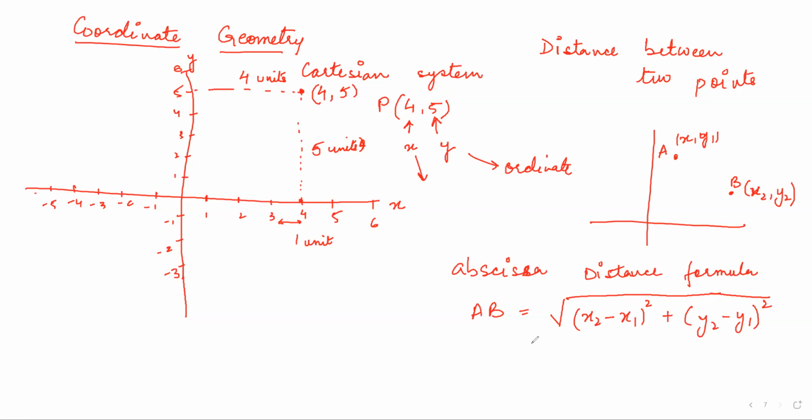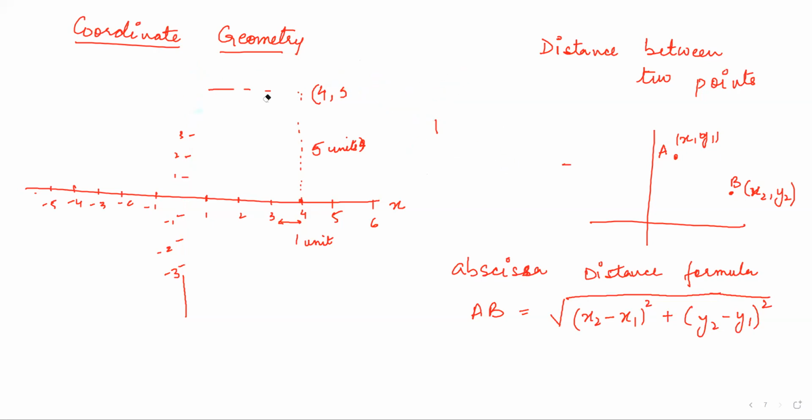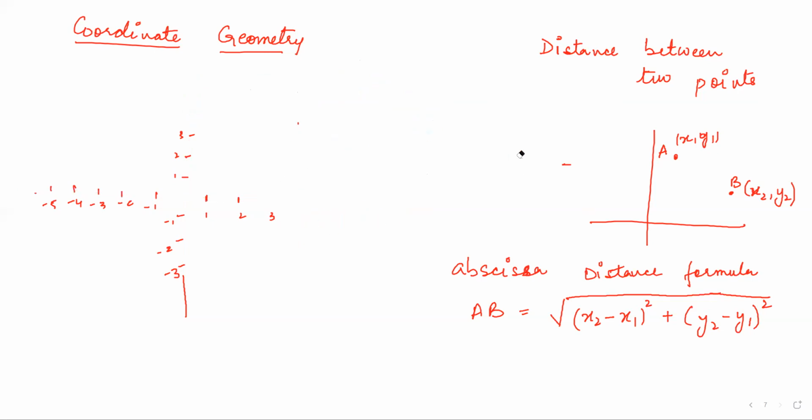Clear? So please note down this formula, Rida, Hamna. This is called the distance formula. So in the first exercise, you will use this formula only. Then we have the section formula, which we will use in the second exercise. So for the first exercise, this is the distance formula. Please note it.